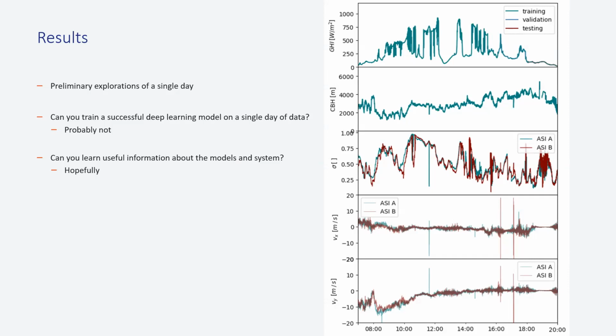You can also see that we have some spikes in both our cloud motion vector and also in the cloudiness denoted by sigma. And that is from the local fauna at the campus.